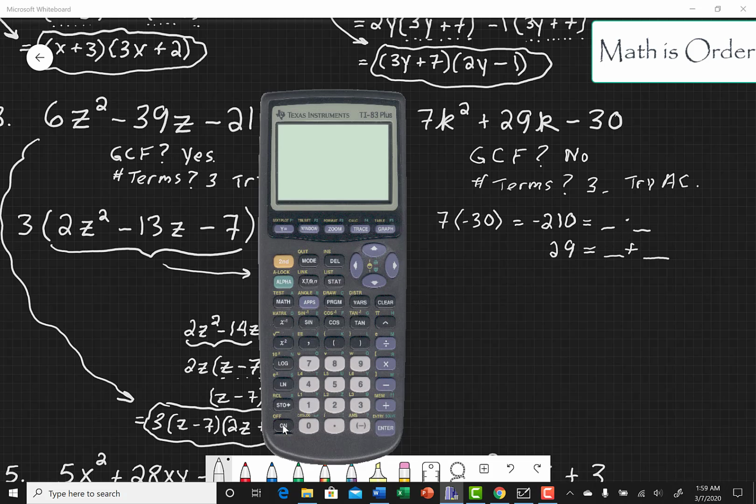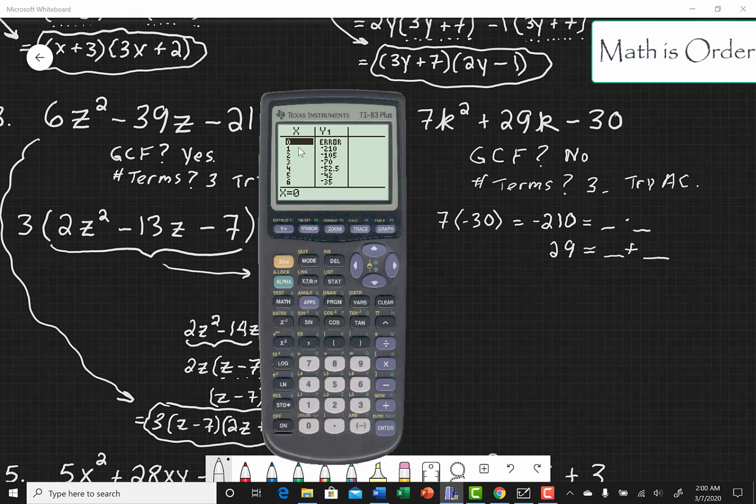If you have a graphing calculator, like this TI calculator, you can go y equals, and we're going to type in our negative 210, and then press divide, and we're going to click on X, right? And then we're going to go to second graph.